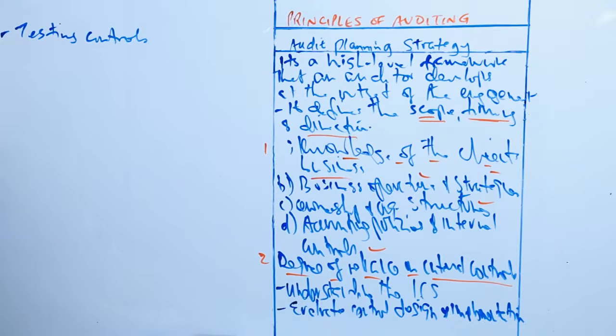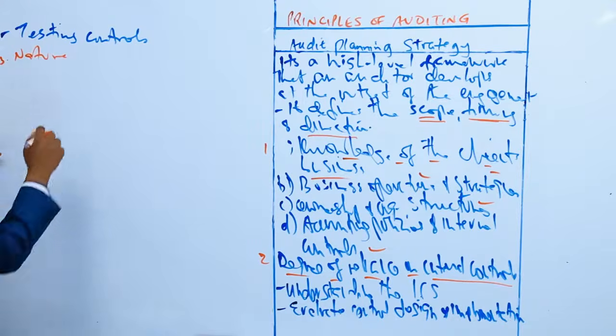You understand? Yes, you are discussing, candidates, audit planning strategy. So we've looked at the knowledge of the client's business and the degree of reliance on internal controls, and we are now moving to the nature, timing, and extent of the work performed. So number 3, we have nature, timing, and extent of work performed.